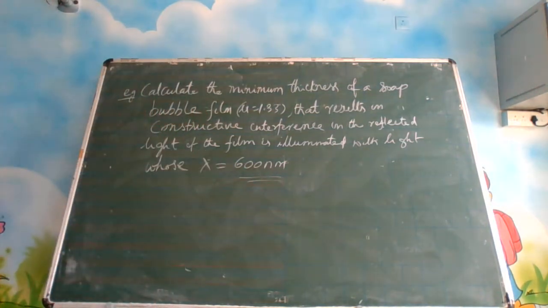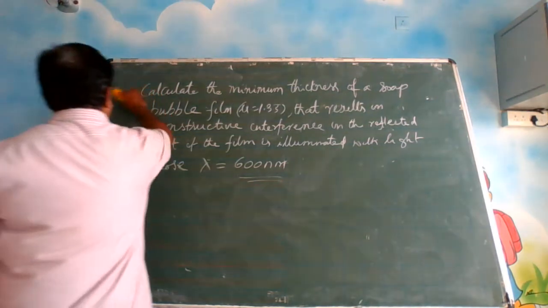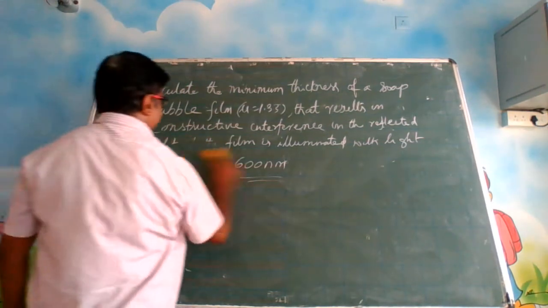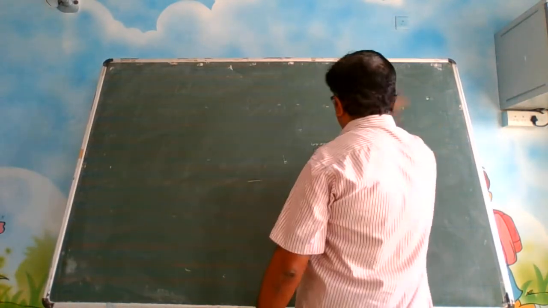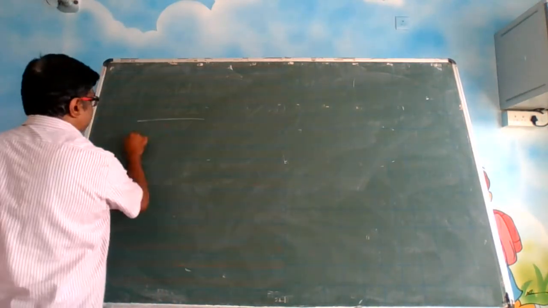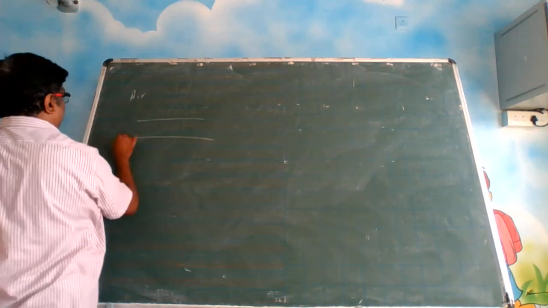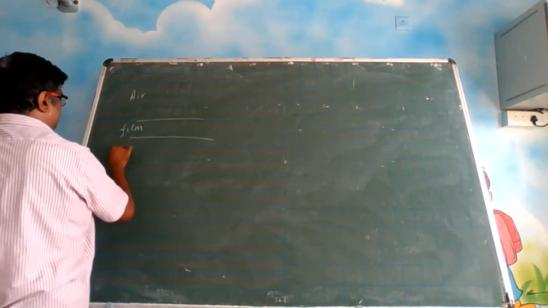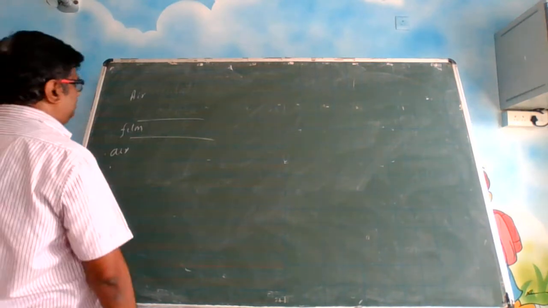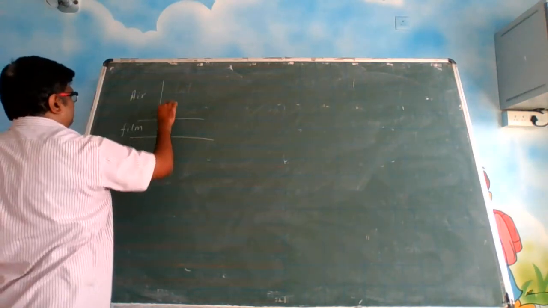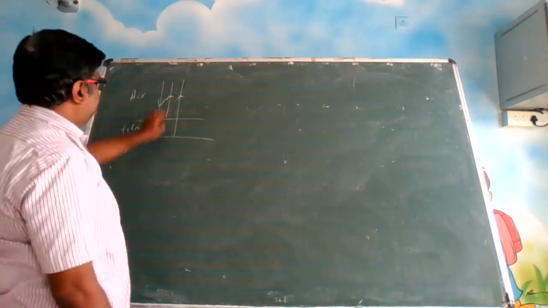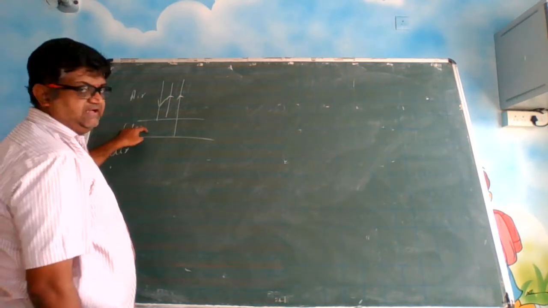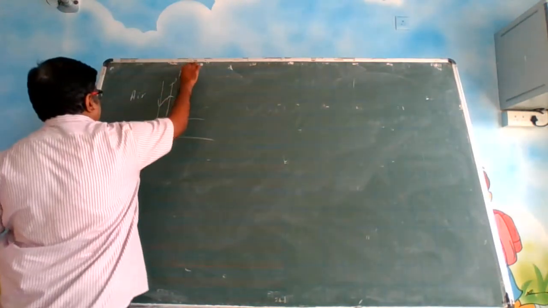So how to do this problem? Just write down. Let us say you have a situation where you have air here, some film here, and again air here. There is a ray here, right? One ray is going back and you get another ray. This ray, this is a denser medium, so this is pi shifted.